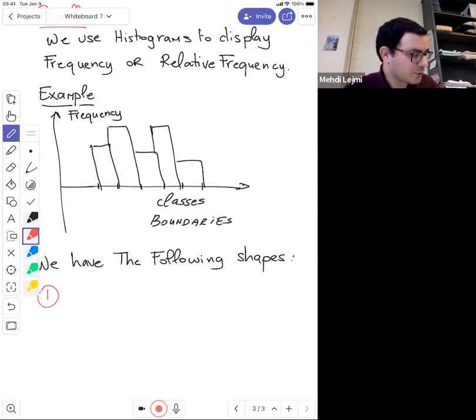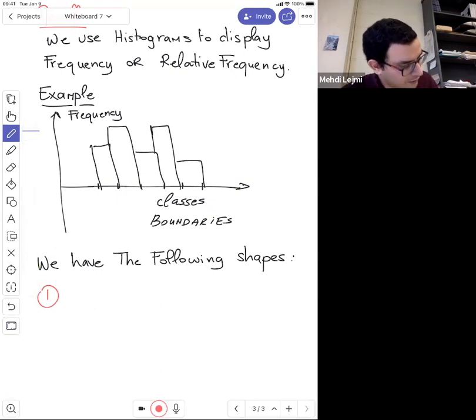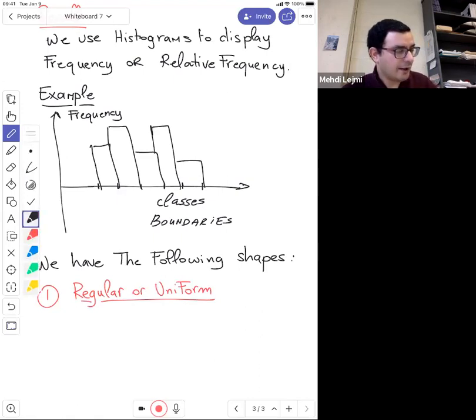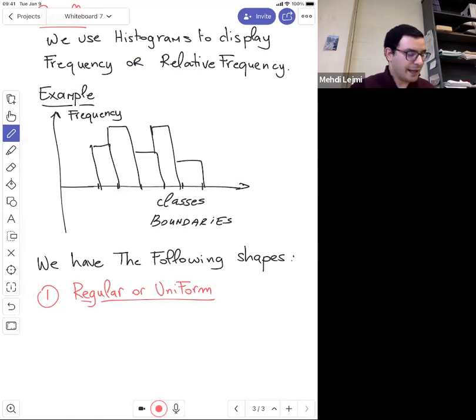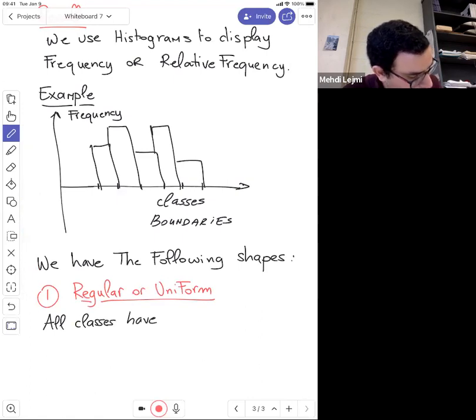First, we have histograms with a regular or uniform shape. In this case, all the classes have more or less the same frequency.